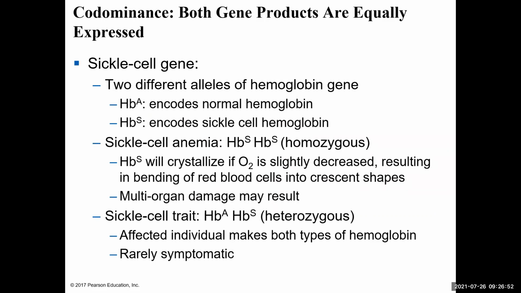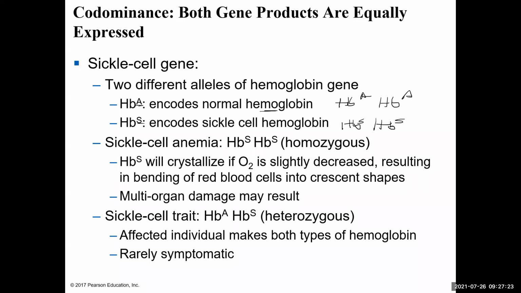With the sickle cell gene, the different alleles affect the shape of the blood cells. HbA encodes for normal hemoglobin, HbS encodes for sickle cell hemoglobin. So if you're HbA homozygous, then you have normal blood.